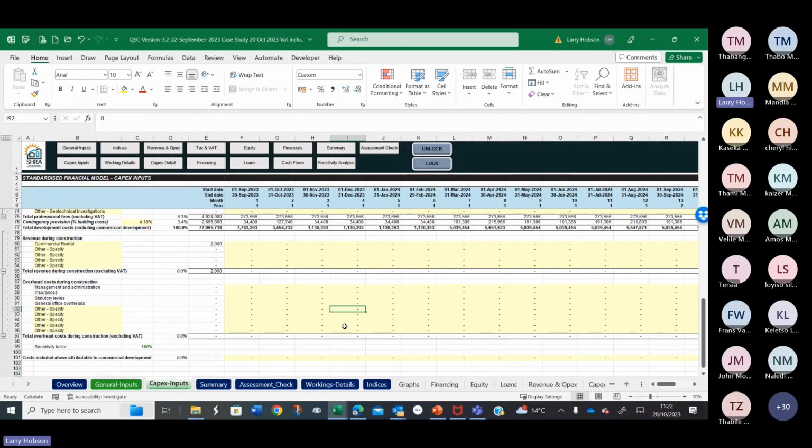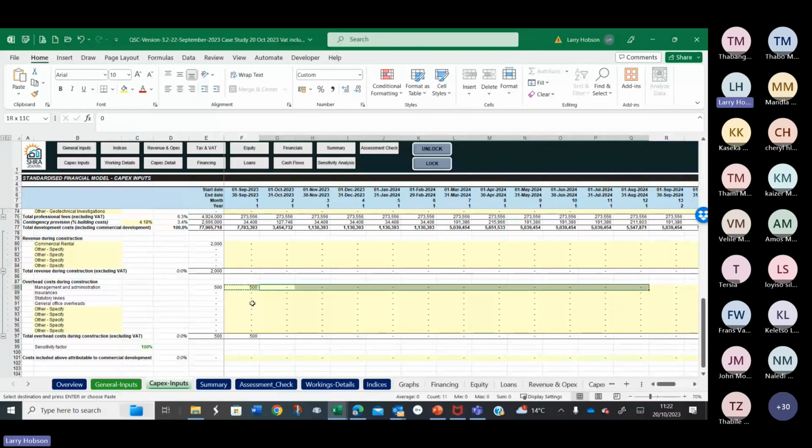Any other costs happening during construction? Well, as far as the company is concerned, we've got to keep the company going. So let's say we've got 500 management and administration charge through the term.